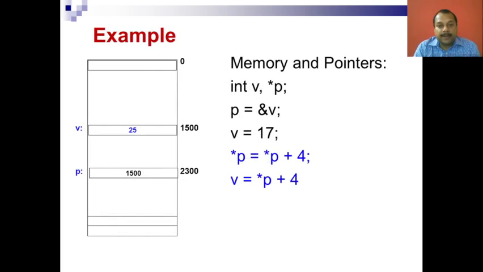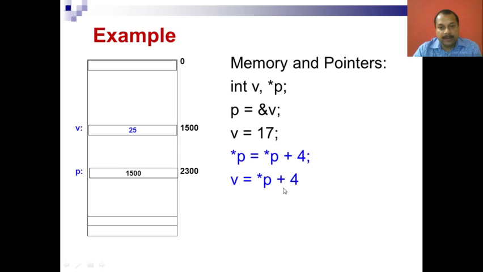So if I write star p equals star p plus 4, what will happen? Inside this star p, the content will change. Star p was previously 17 because v is basically 17. 17 plus 4, so it will be 21 initially. That transient state is not shown here.